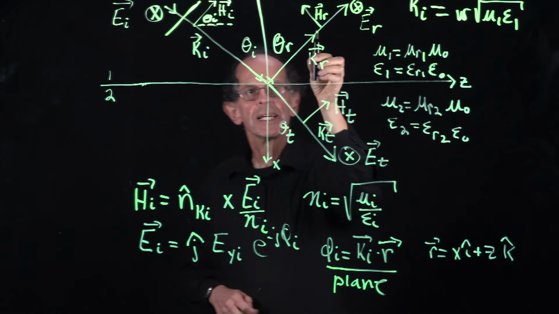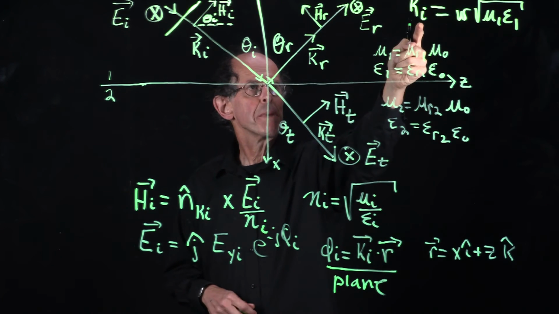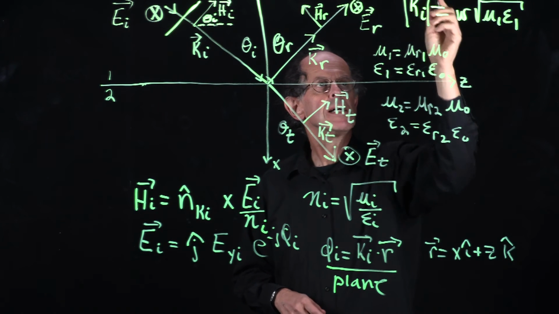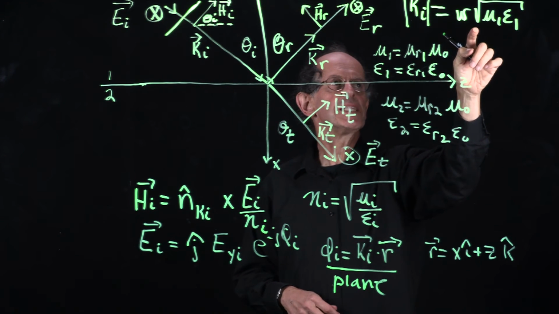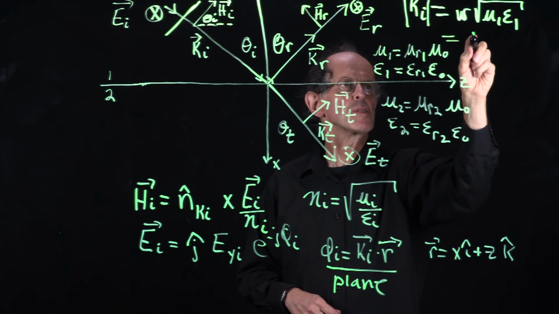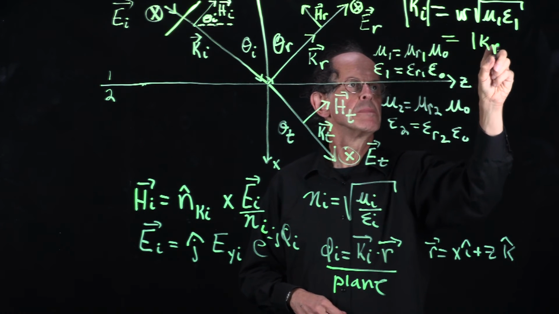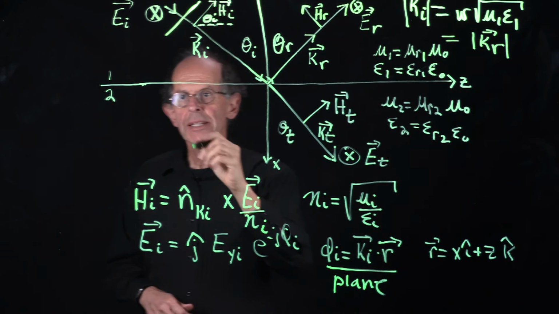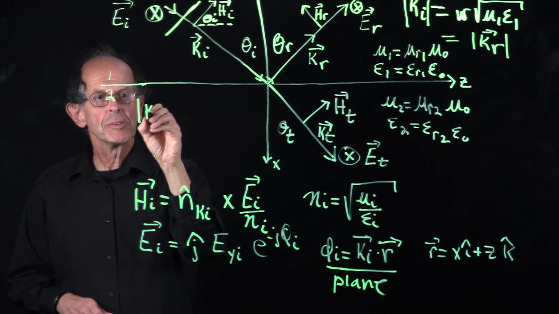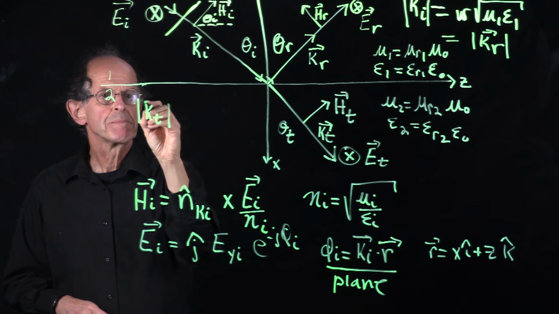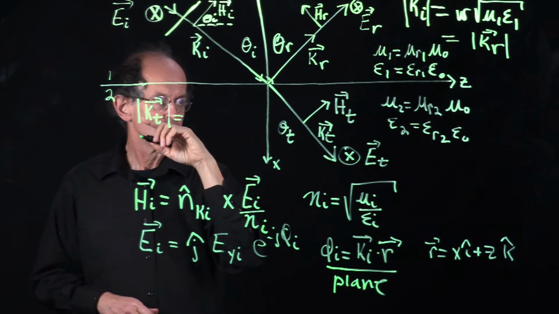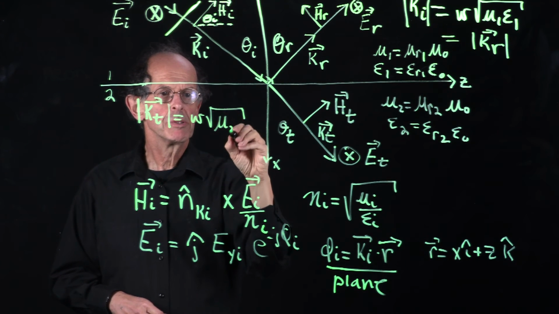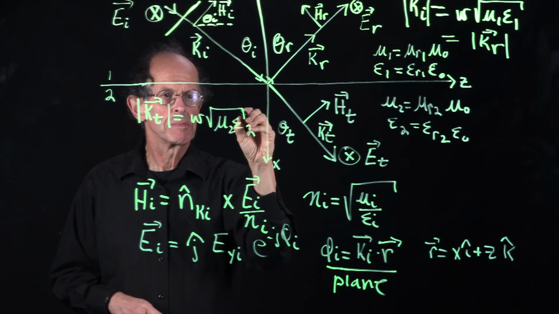The magnitude of kr will be identical to this. We're in the upper medium. And in the lower medium, the magnitude of kt is equal to omega times the square root of mu2 epsilon 2.